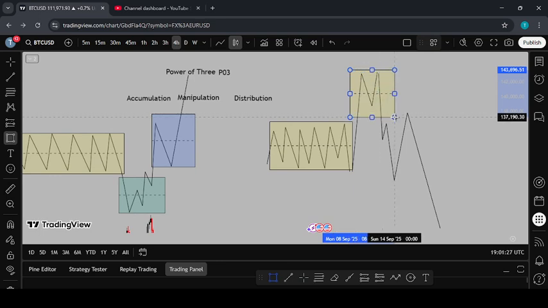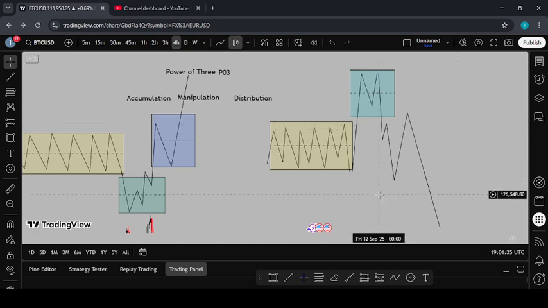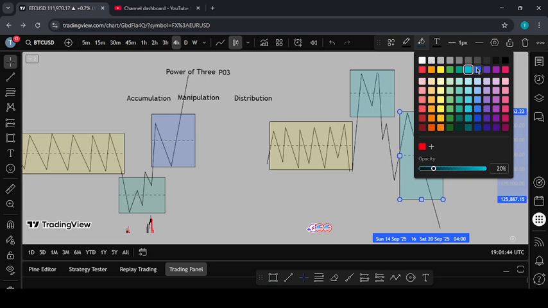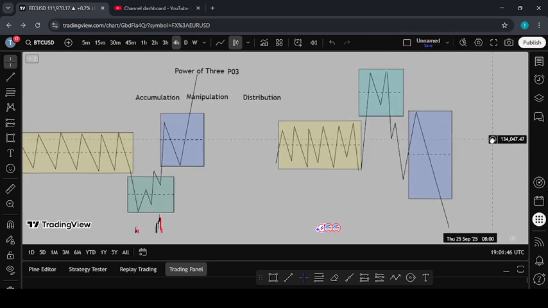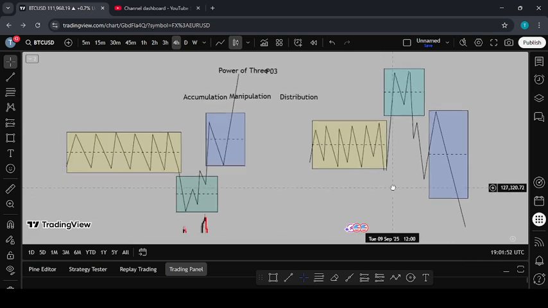This will be the manipulation phase, right? Something like this. Then this will be the distribution. Okay, you can see this repeating all over and all over again on the charts, right?